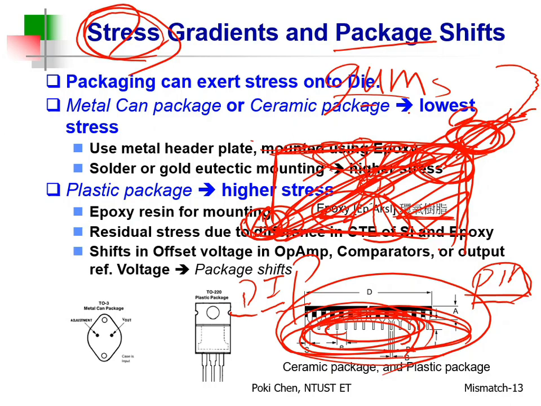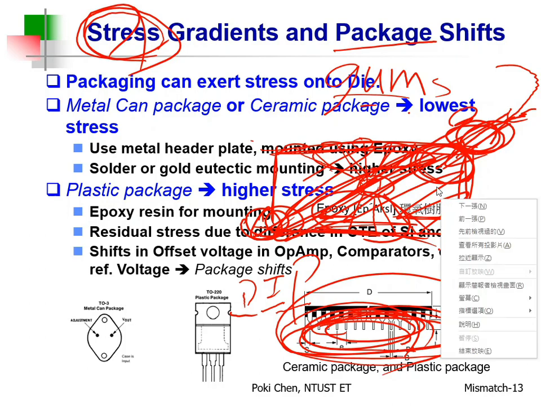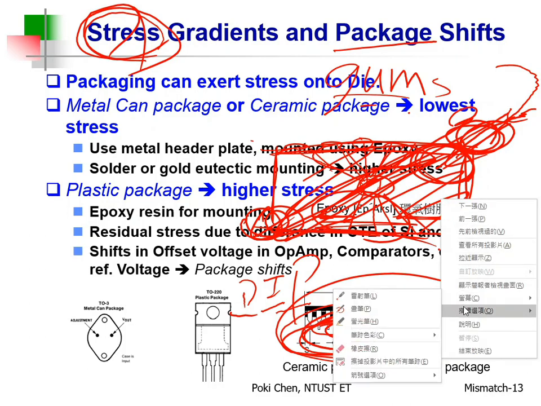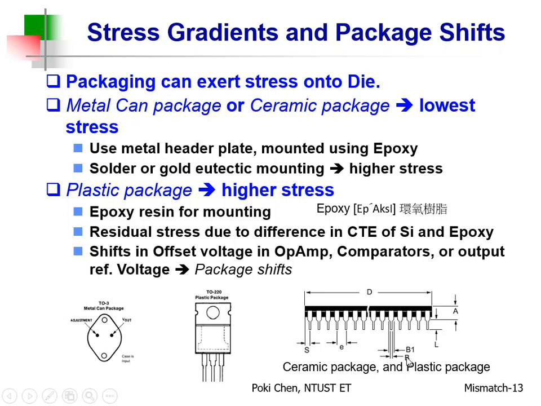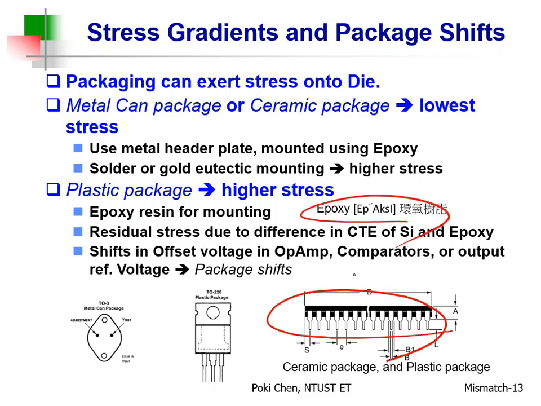Anyway, stress will be caused not only by bonding but also by epoxy casually or packaging. OK? Stress is not only from bonding; epoxy packaging causes it too. Anyway, such kind of epoxy packaging, that is the cheapest, but it will cause the biggest stress.